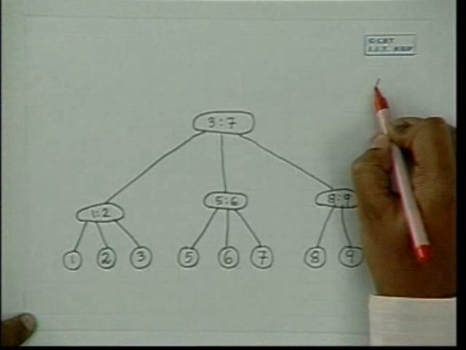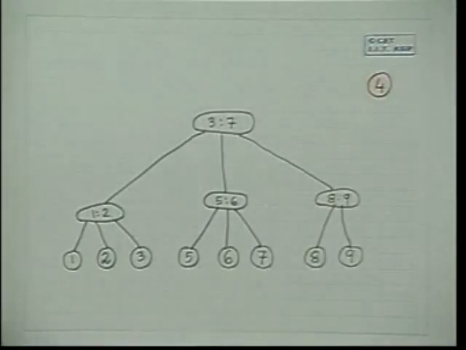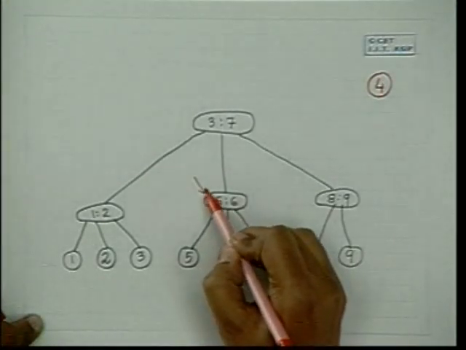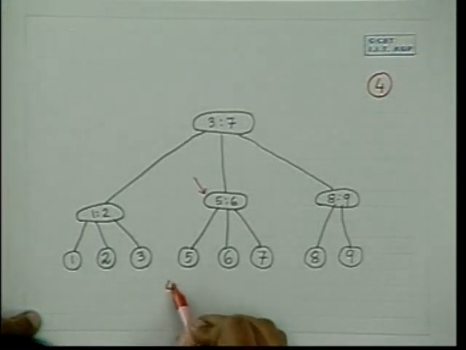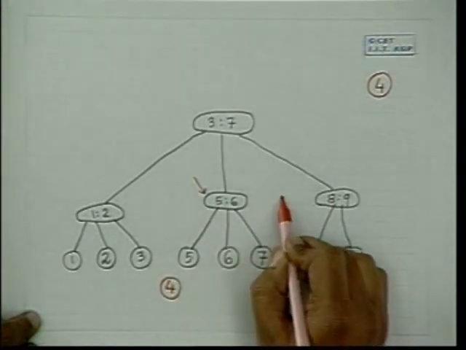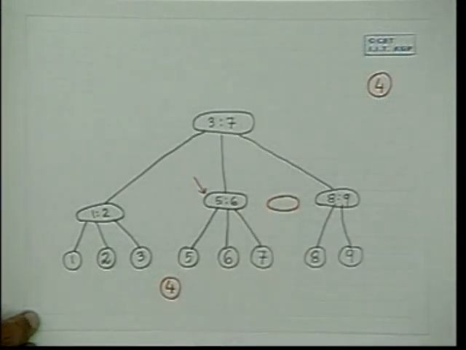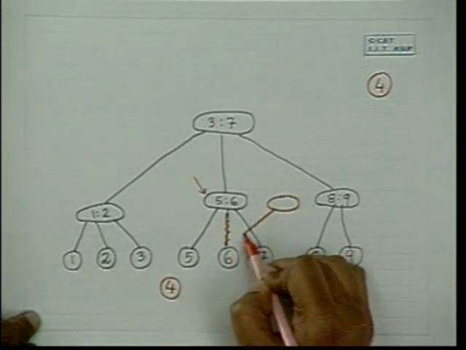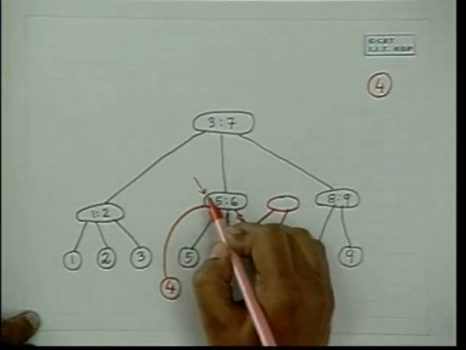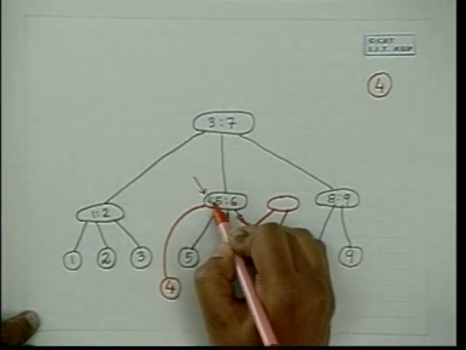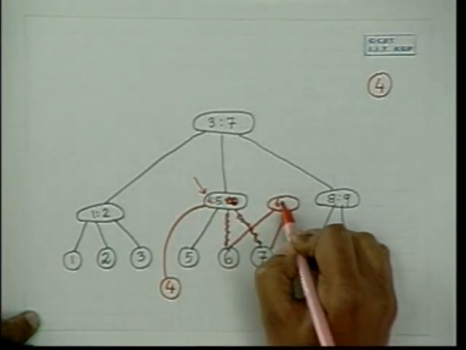Here we want to insert 4. Okay, is it visible? So again, originally we will find 4 here. To insert 4, we will split this node into 2 nodes, push this here, push this here, push this here, this will become 4 colon 5, 6 colon 7.